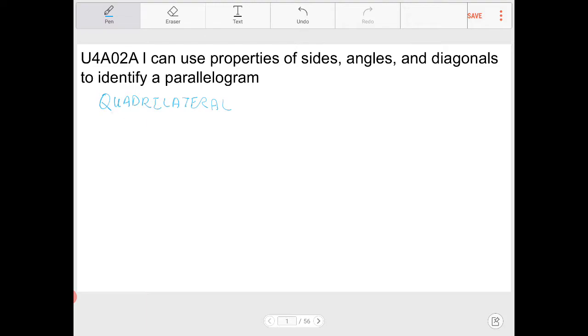A quadrilateral, as the prefix suggests, has four sides. Quad, right? So it's a four-sided polygon. And in the next couple of lessons in this unit, we are going to be focusing our attention pretty heavily on just quadrilaterals and not on polygons.